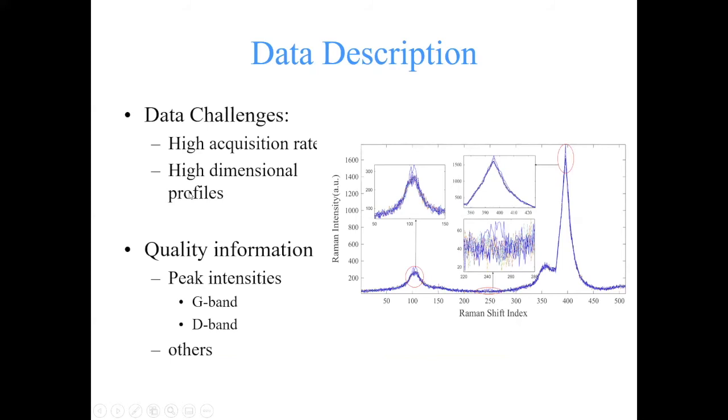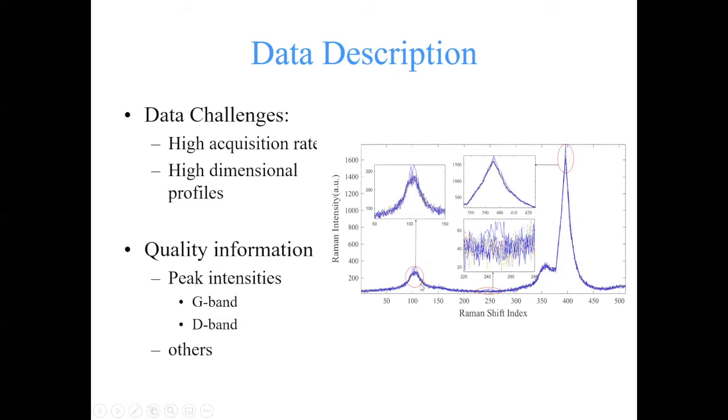For example, for each one of these profiles, we have 512 input variables. So you can think of each one as Y1, Y2, and so on. You have 512 Ys for each acquisition time. And you can see how this number can grow very largely as you have a high acquisition rate, which could be 25 per second. You could get 25 per second images of this profile.